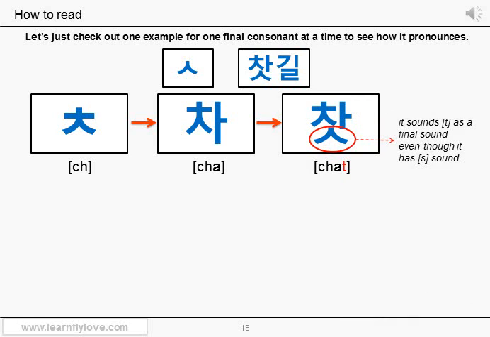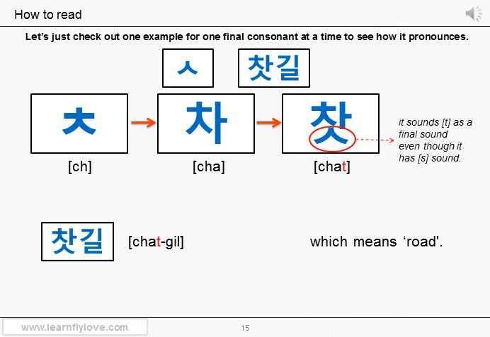Ch, a, at, cha, chat. So the first letter sounds chat, like C-H-A-T in romanization. And the second letter sounds like 그, 이, 일, 그, 기, 길. So it's 찻길, which means road in Korean.